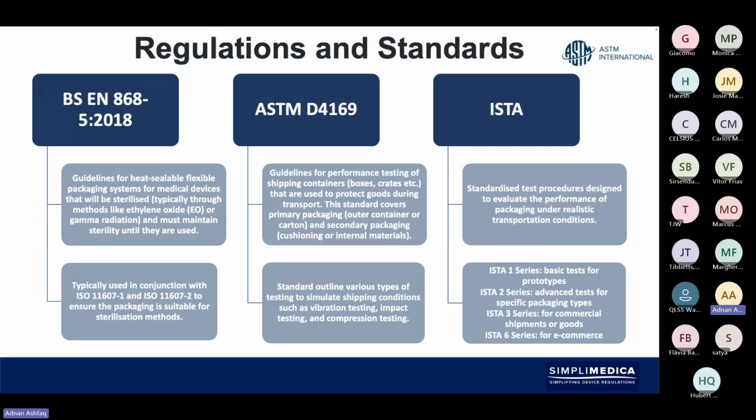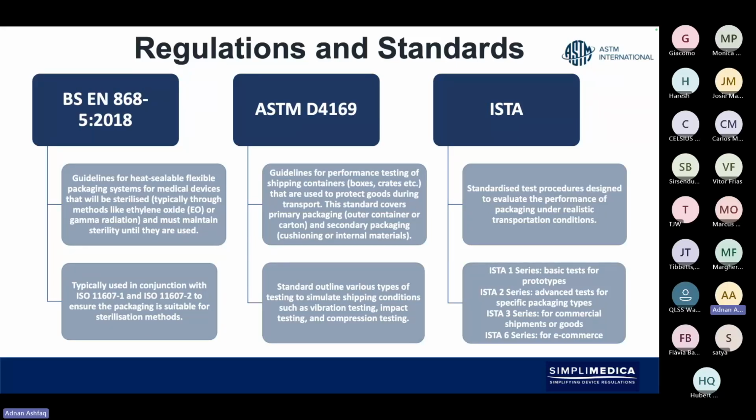We have to consider the entire journey of the device, and these different levels within ISTA would then dictate what is required. Now, I've seen some medical devices undergo ISTA 1, which I would definitely challenge because it's a basic test for prototypes, and it's so basic that it wouldn't even meet the requirements for basic medical device testing.